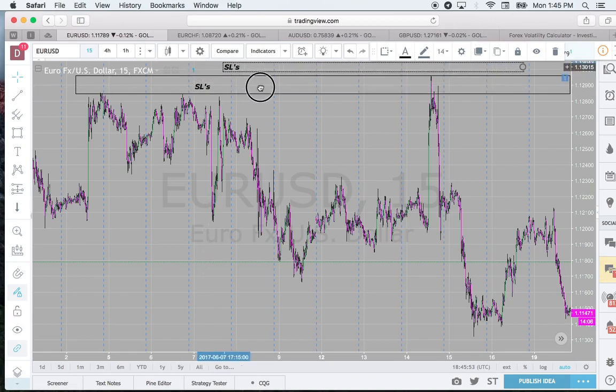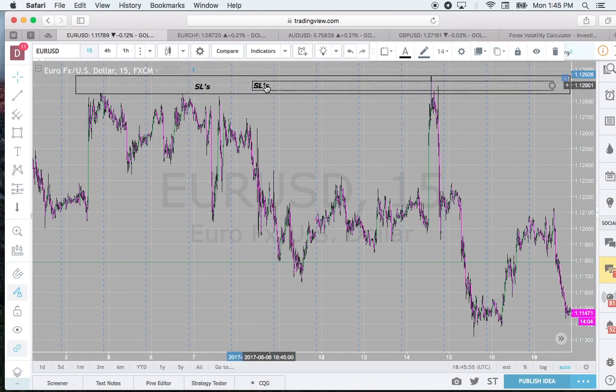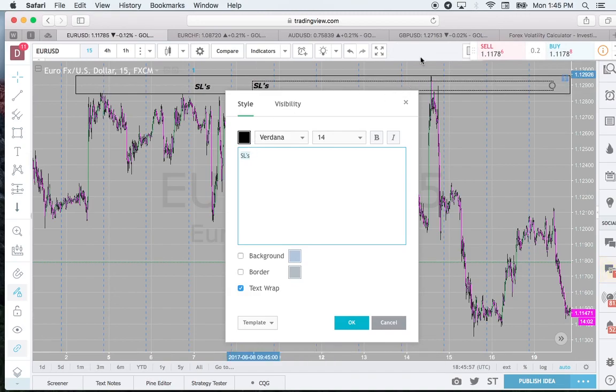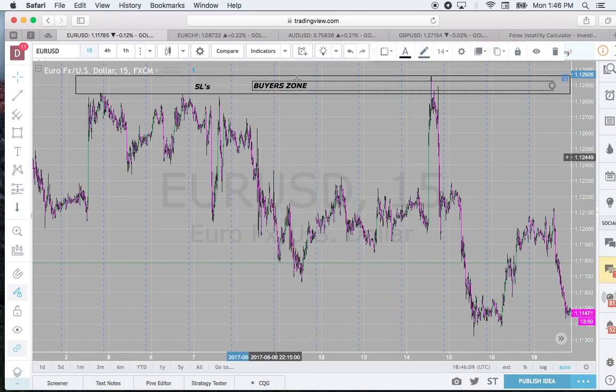There's going to be buyers above these highs that are expecting a continuation in the buy trend, or breakout traders. Okay, so we can expect buyers in this zone, as well as stop losses of retail traders that went short in this area, right?